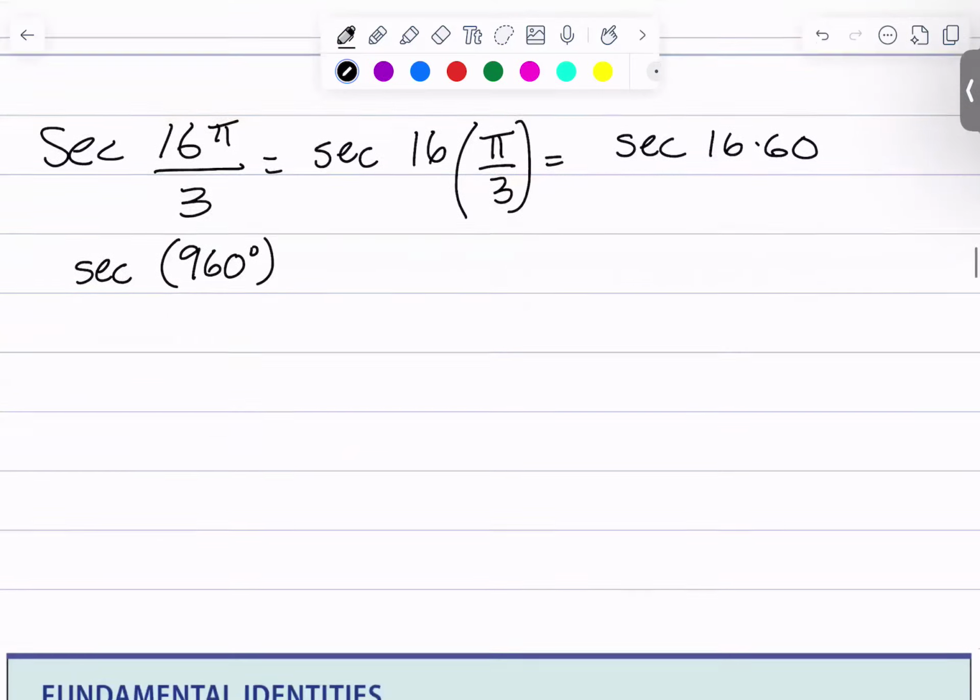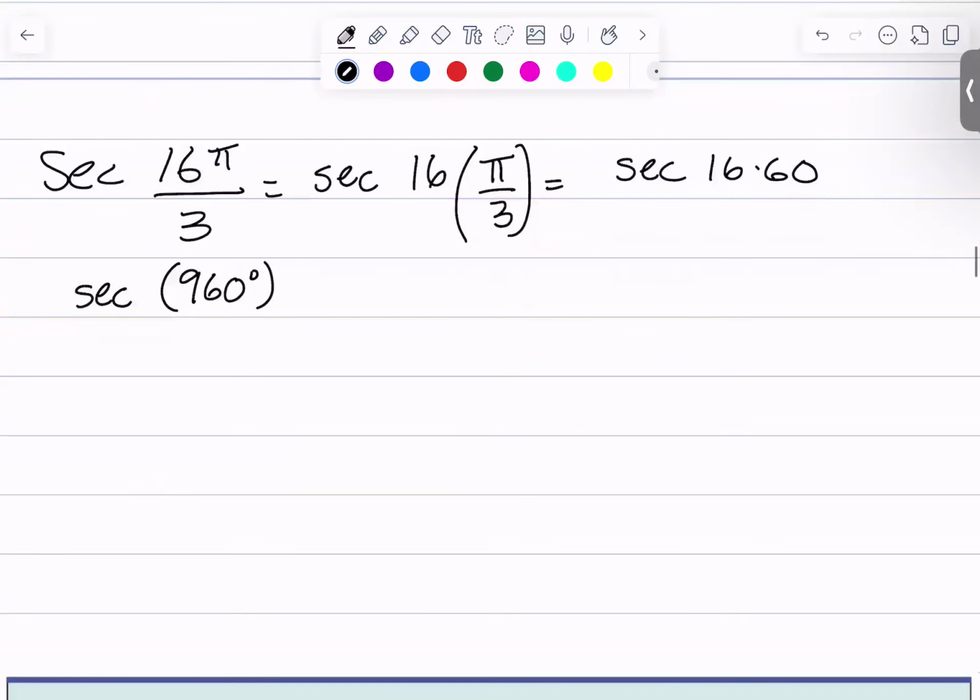Another way we can think about this is leave it in terms of 16 over 3 and turn this into a mixed number. Why would I want to turn it into a mixed number? What is 360 degrees equal to in terms of radians? 2 pi, right?